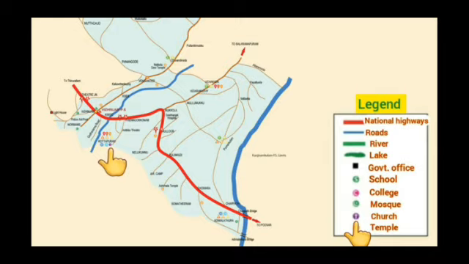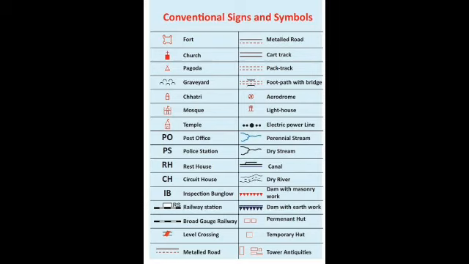For better understanding, let us have a look at this map legend, in which you can see signs and symbols for national highway, road, rivers, lake, government offices, schools, college, mosque, church, and temple. Now you can easily find out the location of these places on the map. So, children, these are some of the internationally accepted signs and symbols which are used on a map.